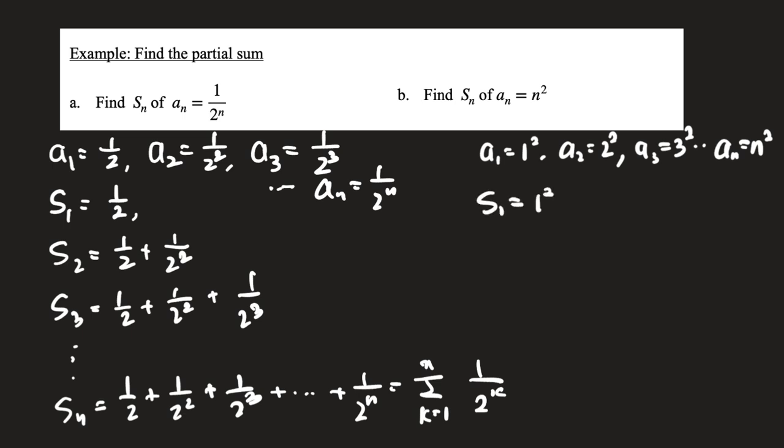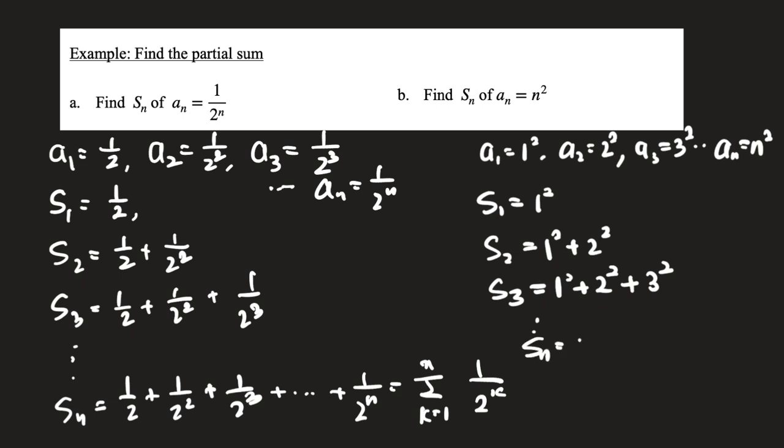S1 is 1 squared, S2 is 1 squared plus 2 squared, S3 is 1 squared plus 2 squared plus 3 squared, and Sn is 1 squared plus 2 squared plus 3 squared all the way to n squared. How can I write the sigma notation? The sum of k squared, with k starting at 1 and ending at n. That's the partial sum.